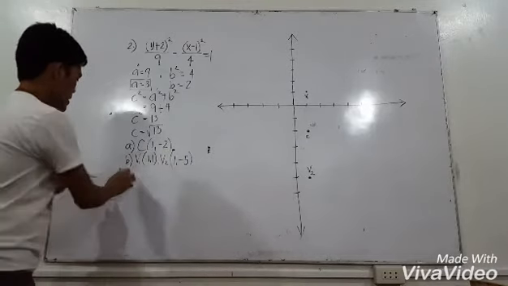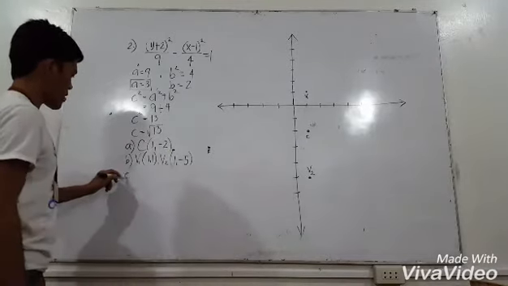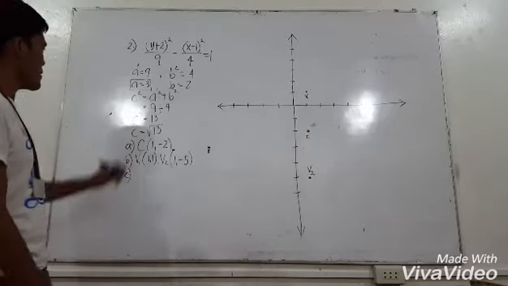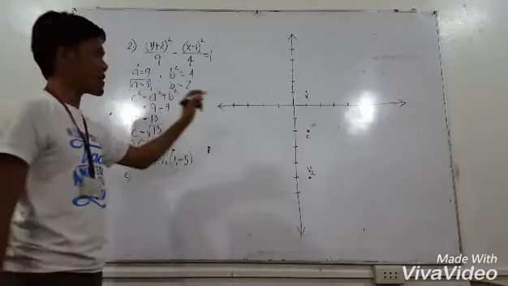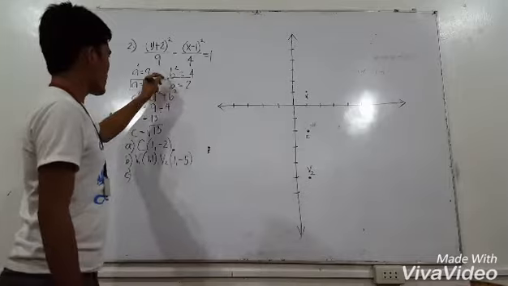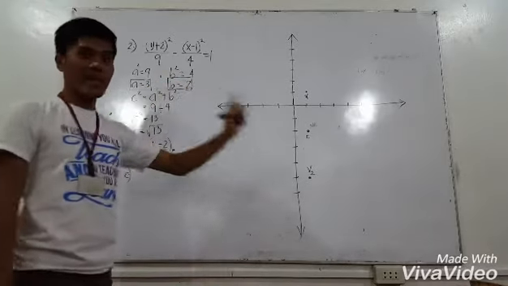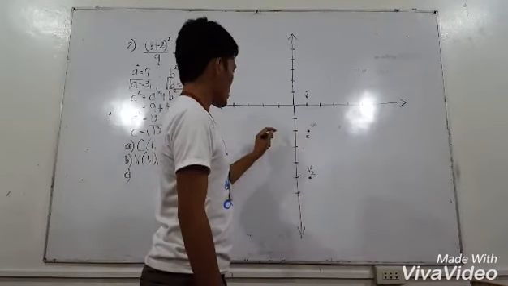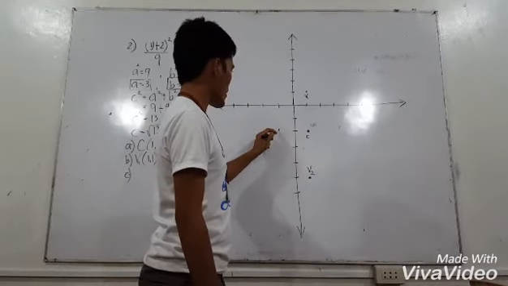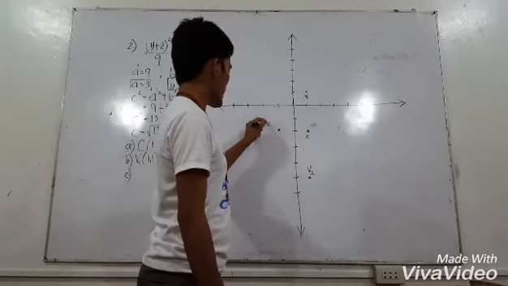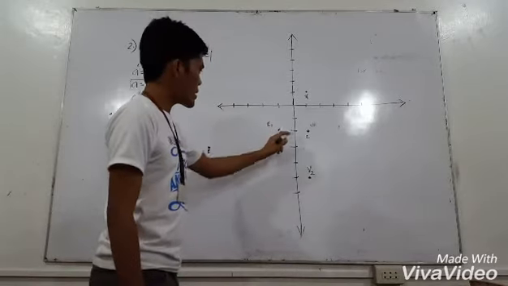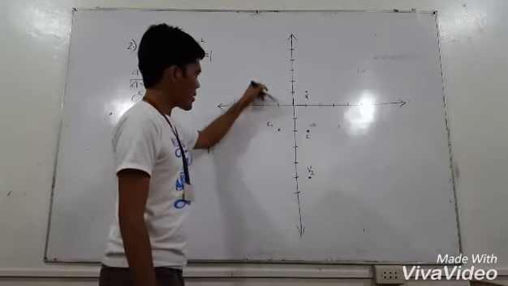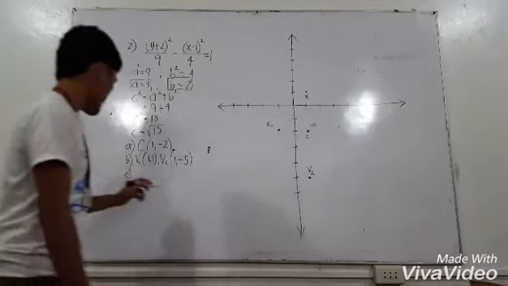Next, we have the endpoints of the conjugate axis. We use the variable b. So we move 2 units from the center. So we have 1, 2 here. So this is now your E1 with coordinates negative 1 and negative 2.